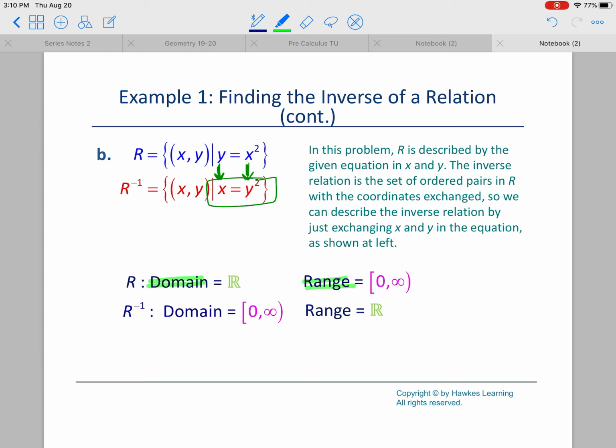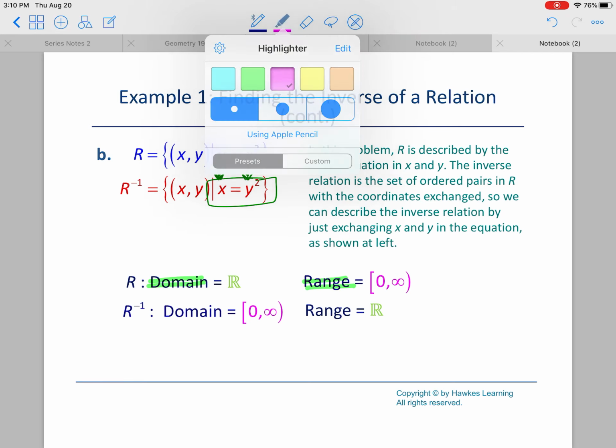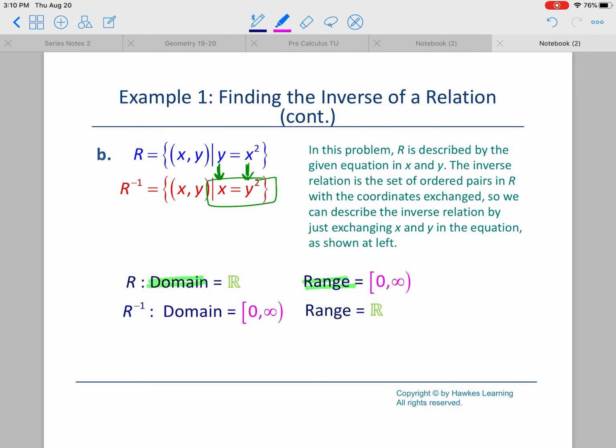Now, even though I don't know what the graph of my inverse necessarily looks like right now, I can very easily rewrite the domain and the range. All I know is that this domain here is exactly the same as the range of the original relation, and the range then is exactly the same as the domain of the original relation.